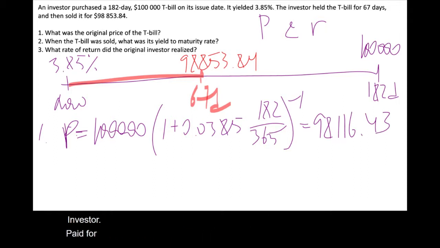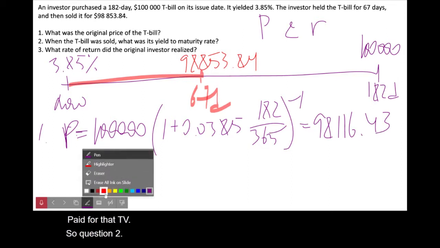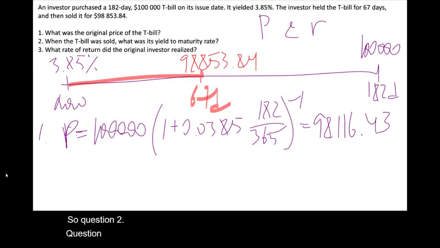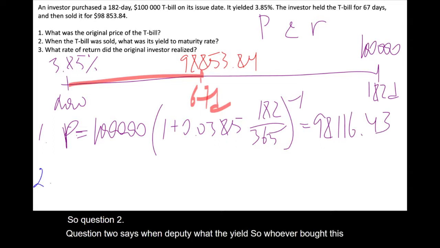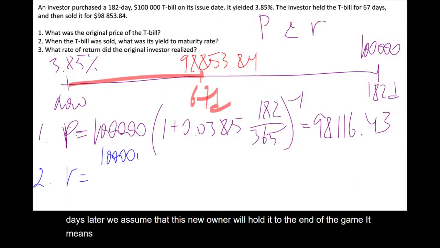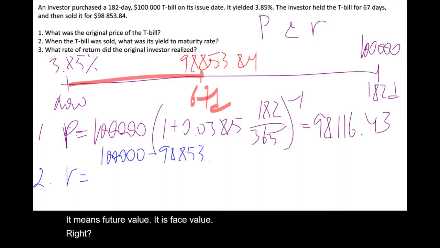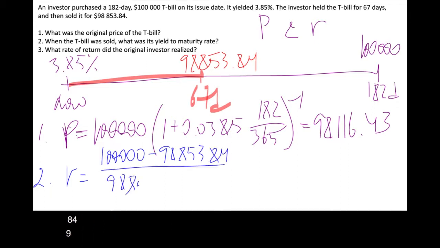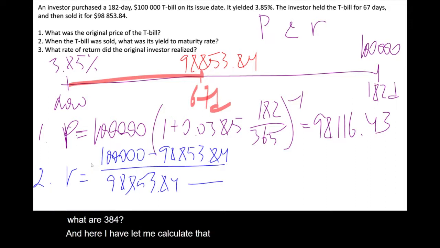That's how much this gentleman or whatever lady, investor, paid for that today. So question 2. Question 2 asks what the yield is. So whoever bought this 67 days later, we assume that this new owner will hold it to the end of the game. It means future value is face value, right? And here I have, let me calculate that separately.